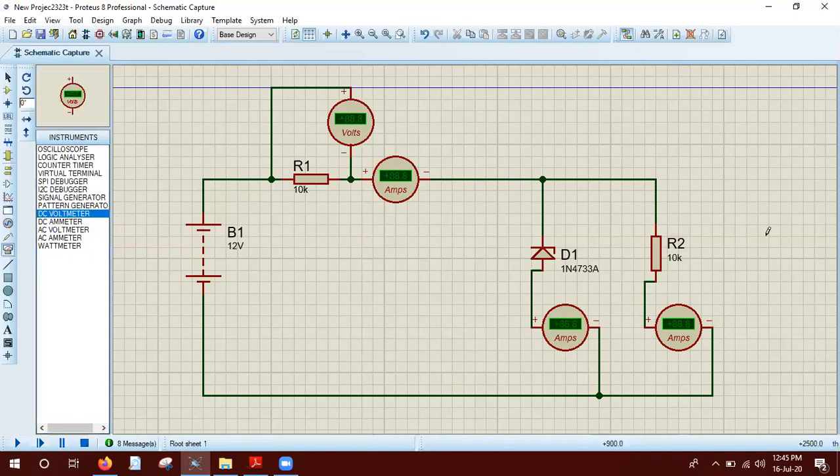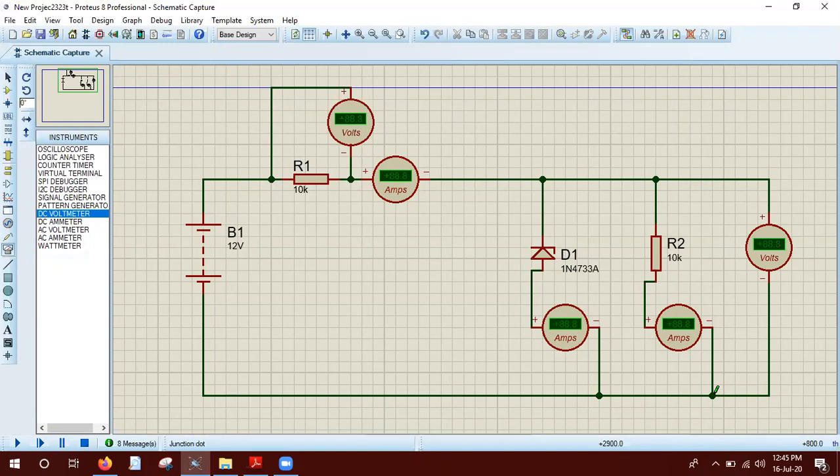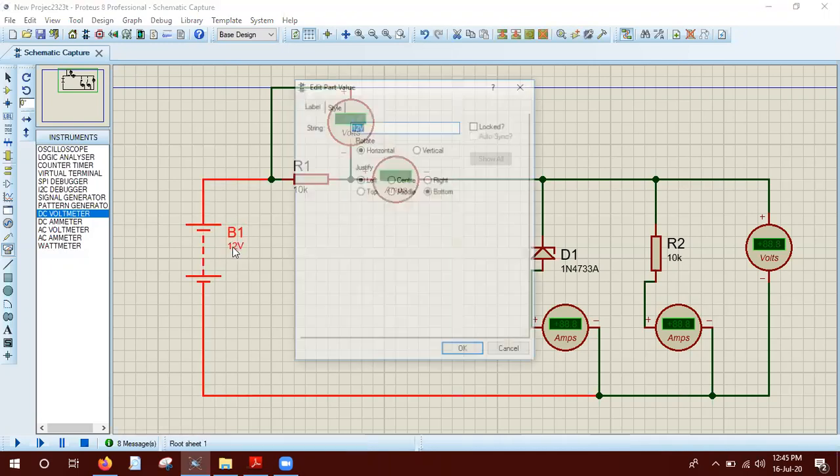I'm connecting the voltmeter and the ammeter just for seeing purposes. Suppose I'm connecting the voltmeter across it. Now, my students, let me give a voltage of suppose 8 volts.